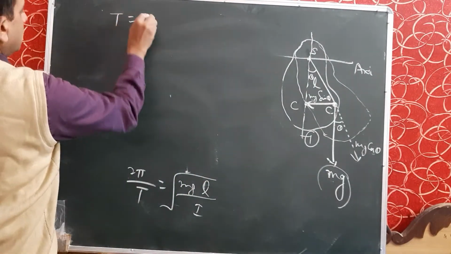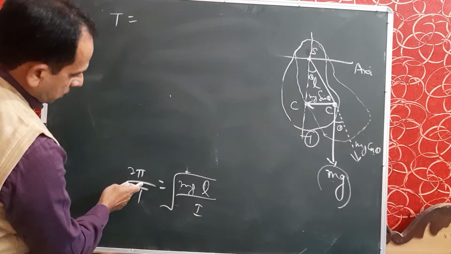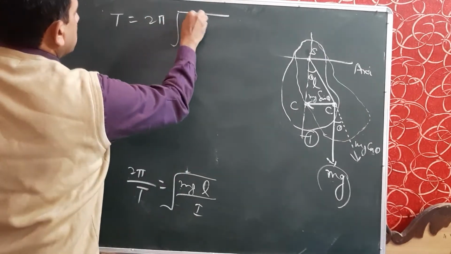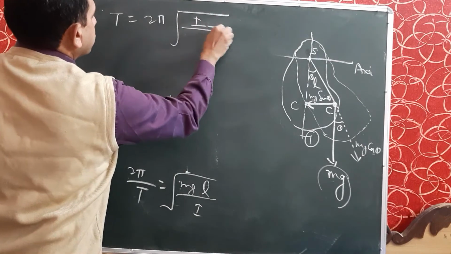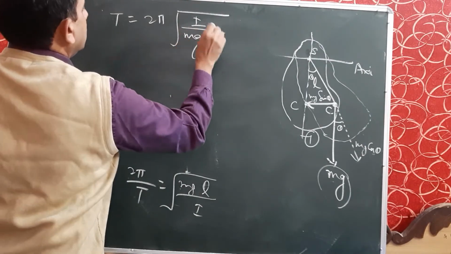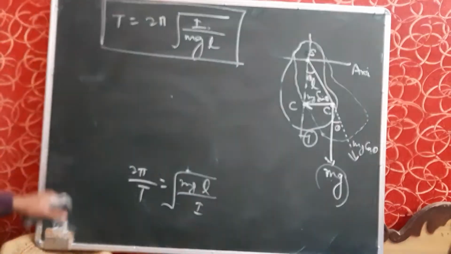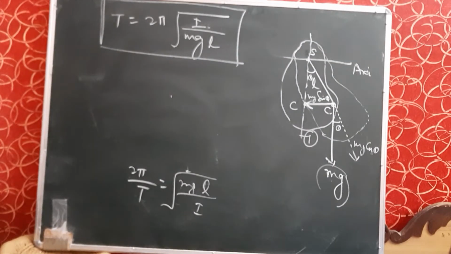T will be 2π into the square root of I over mgL. So this is the time period of oscillation in the case of a compound pendulum.